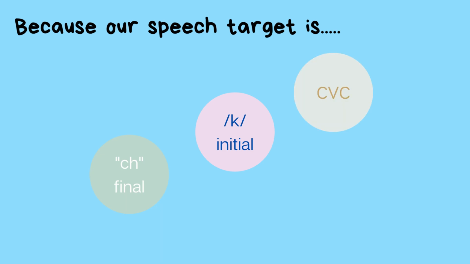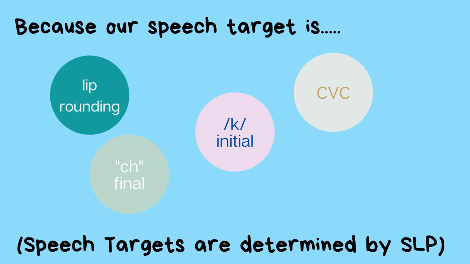Could be CVC syllable shapes again. Or maybe your child's SLP has asked you to work on words that involve rounding of the lips, just like in that CH sound at the end of the word catch. Again, targets are determined by your child's speech language pathologist, but how you practice can be up to you.